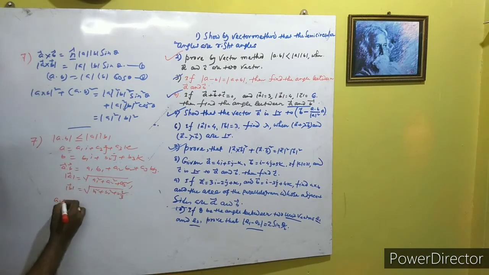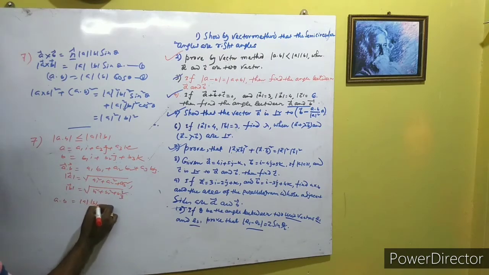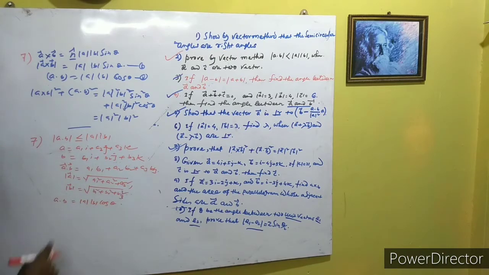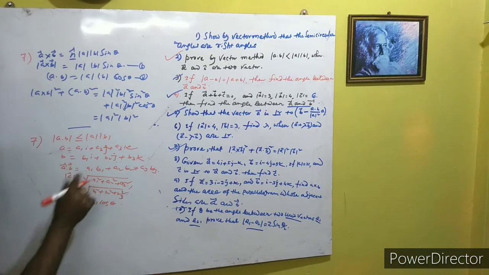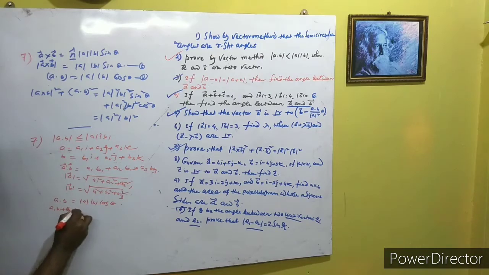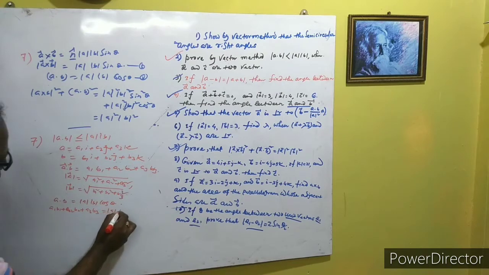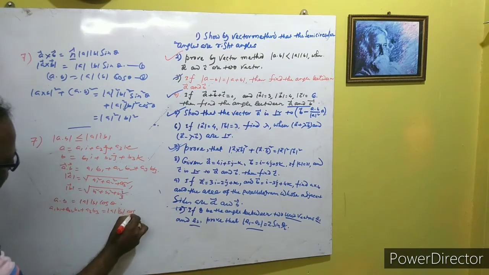Now a dot b is equal to |a||b| cos theta. And a dot b means this is your dot product, so that is a1 b1 plus a2 b2 plus a3 b3, equal to |a||b| cos theta.